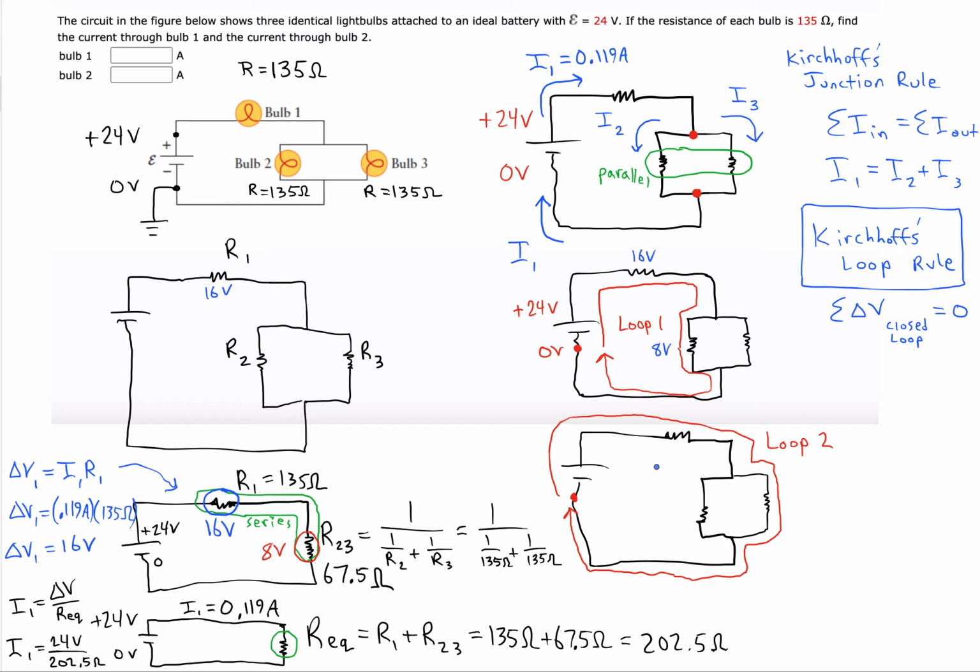There's no other way it could be, because there's no way that we could get back to 0. And then check out loop 2. You lose 16 volts in this resistor. You have to lose a total of 24 in any loop. So you have to lose 8 there as well. So this just shows that parallel resistors will both drop the same voltage. So this is 8 volts, and this is 8 volts.